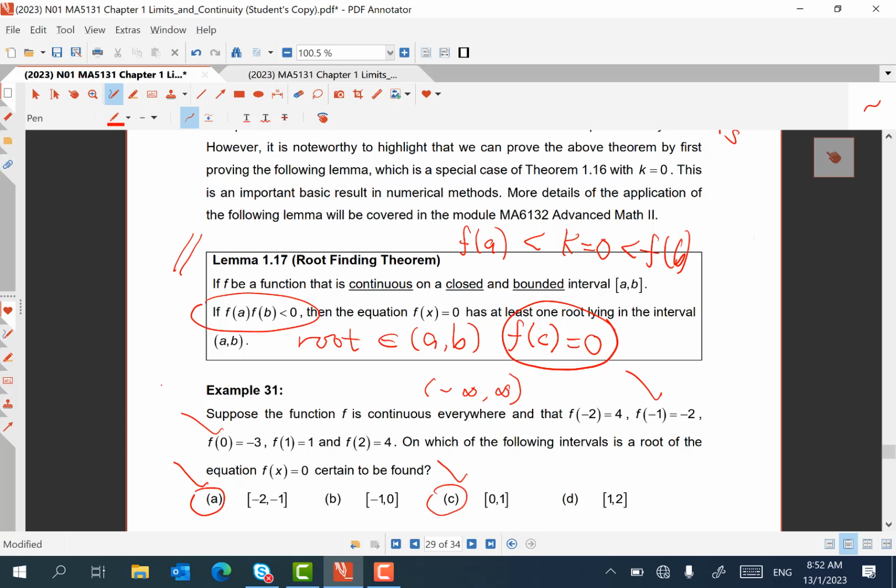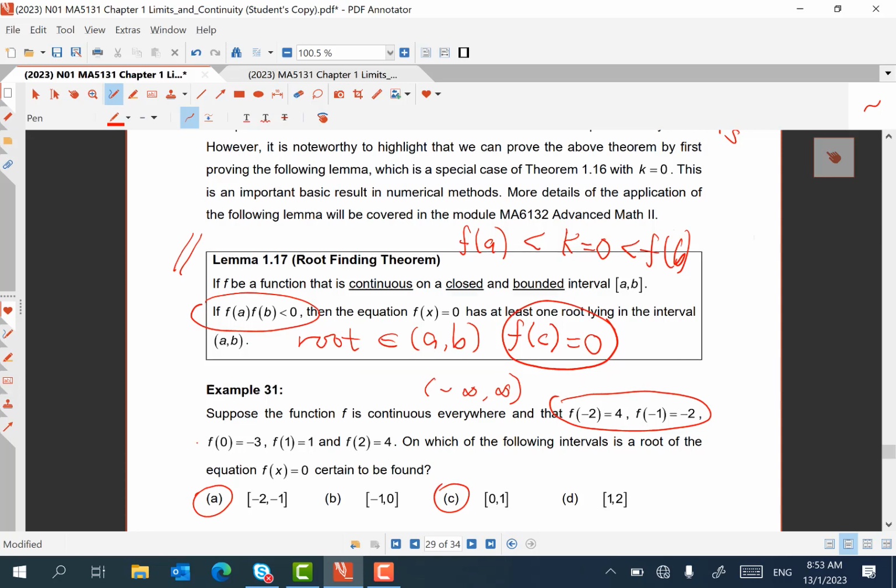There might be roots. So Kritik says even if there could be roots, just that we are not sure. But if there is a change in sign, like the case of f of -2 with f of -1, we are guaranteed the existence of roots. So therefore the answer to 31 is these two.